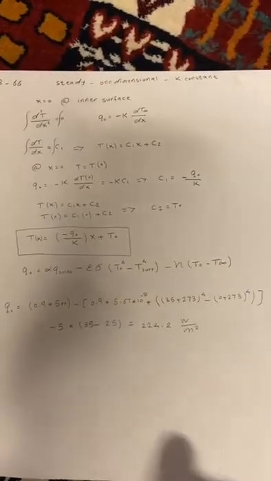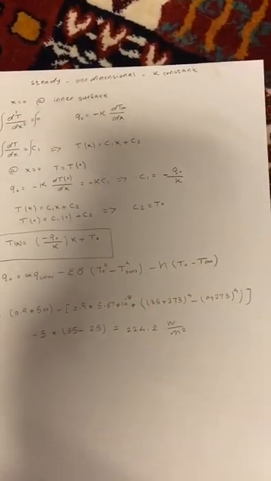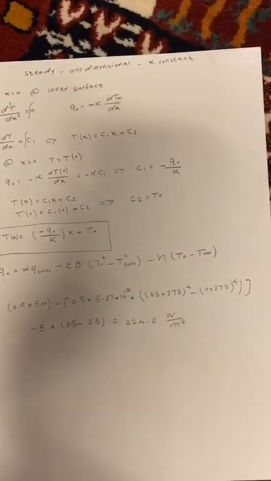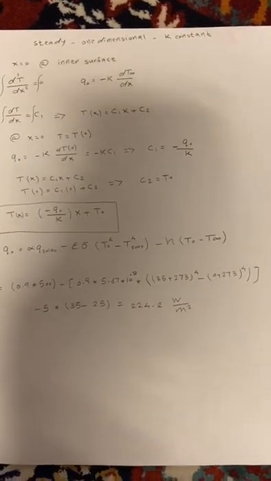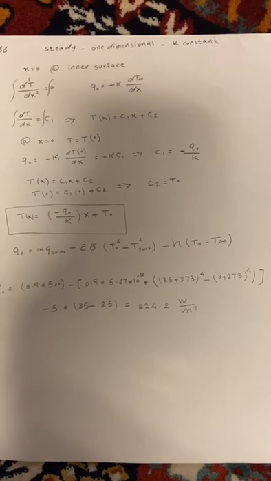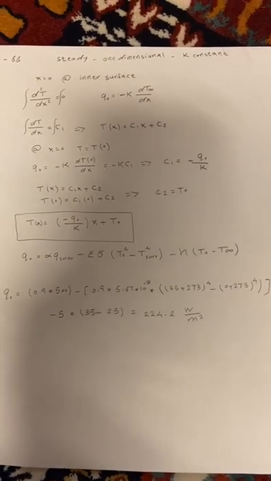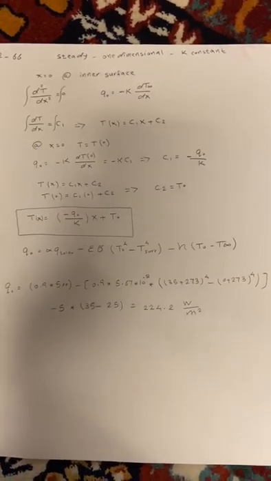Question 2-66, there's a flat plate solar collector with some tubes of water on the back of it, and we need to find the temperature expression in the x direction.